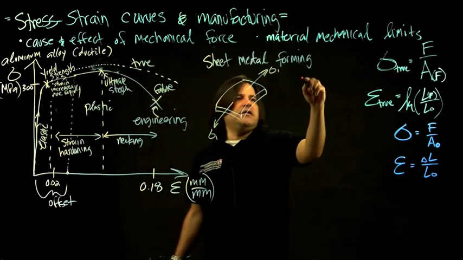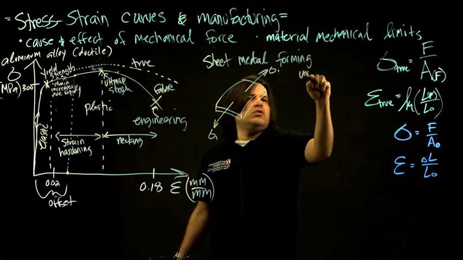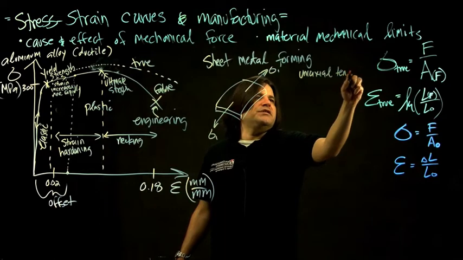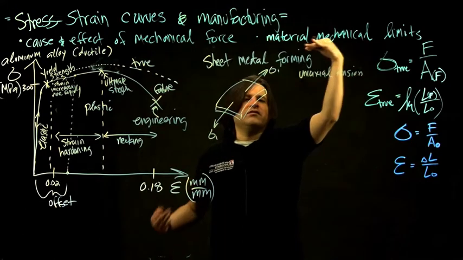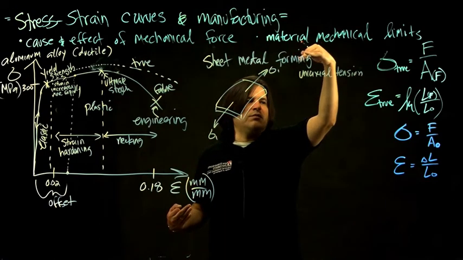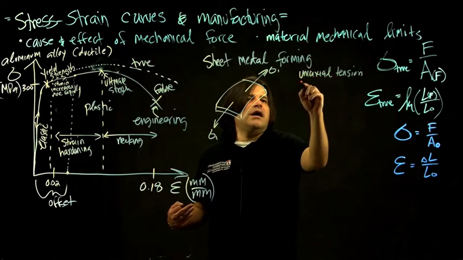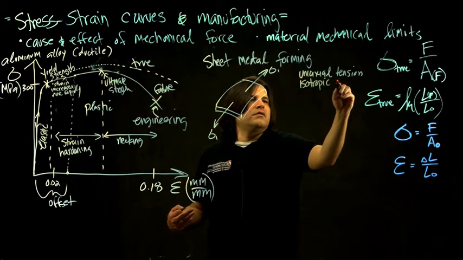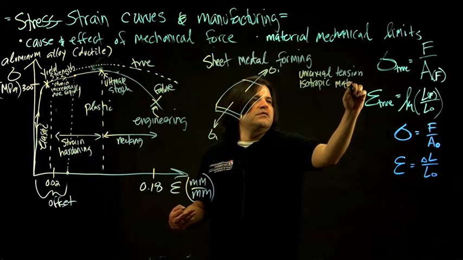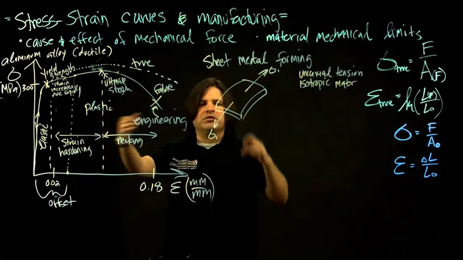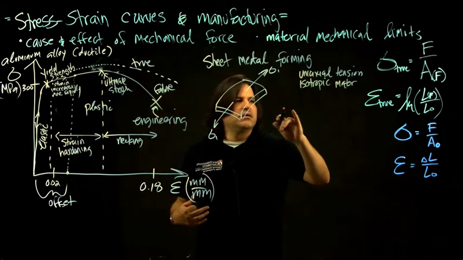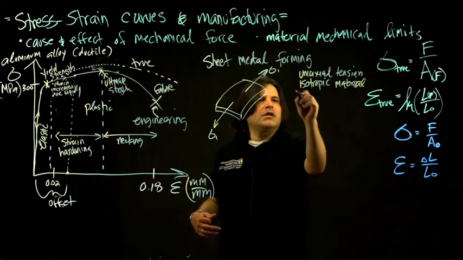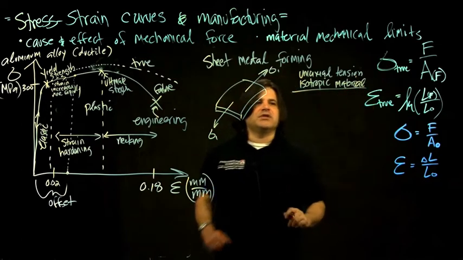Uniaxial tension, meaning it's just pulling from this one. This is the only place I'm applying the force on an isotropic material, meaning there's no favored direction. The stress strain curve in principle is the same in each direction. Uniaxial tension on an isotropic material.